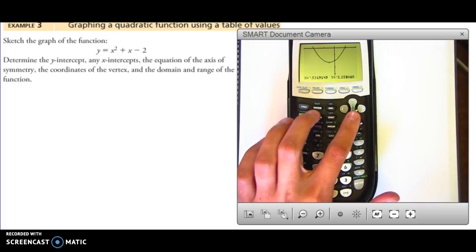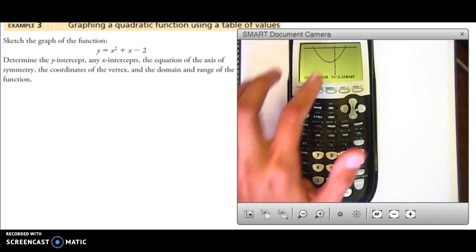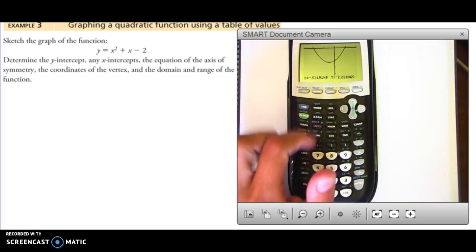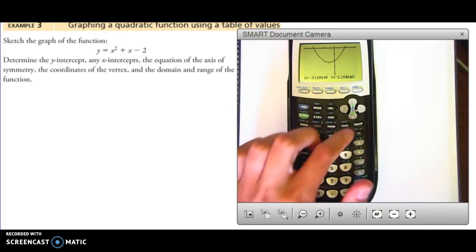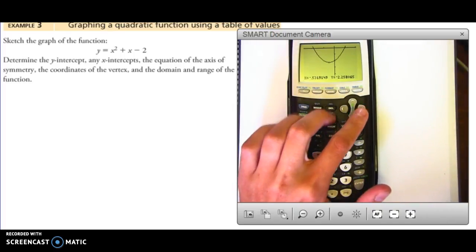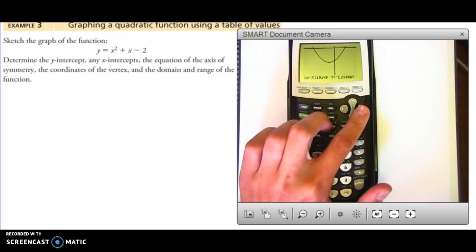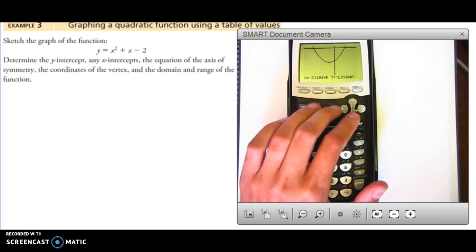So our axis of symmetry is whatever our x value is, so it would be negative 0.5. And if we were specifying our vertex, we would say it's negative 0.5 and negative 2.25 to be exact.